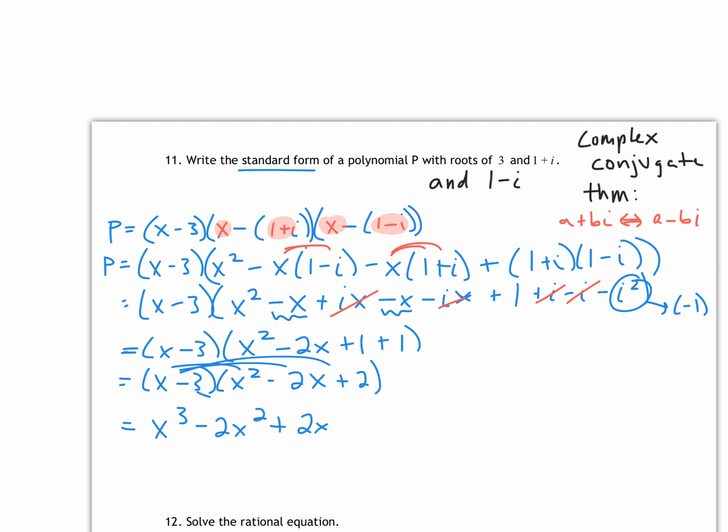And then the negative 3, x squared plus 6x minus 6. Combine like terms. p is x cubed minus 5x squared plus 8x minus 6.